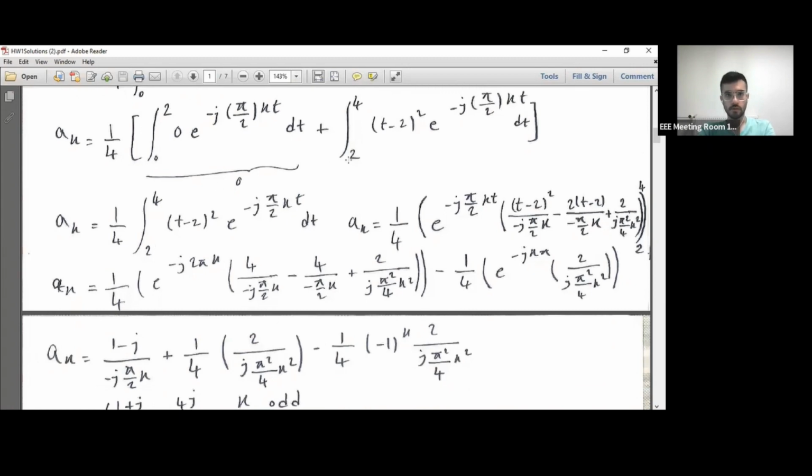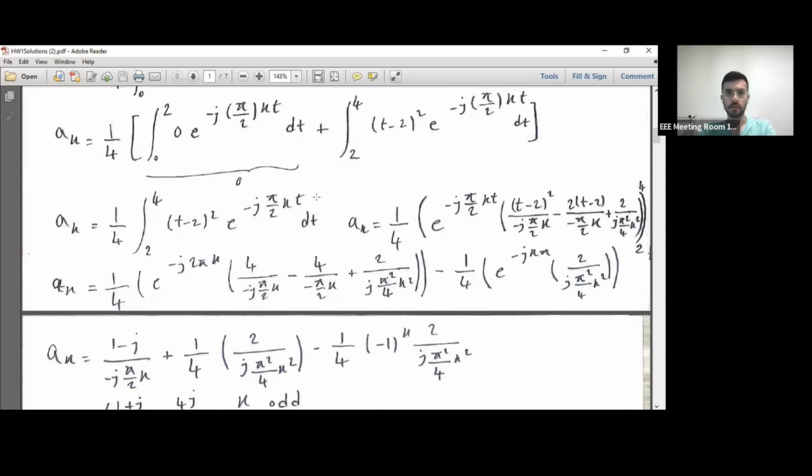So we need to just calculate this one. So you need to take the integral of this function, which includes the multiplication of 2 functions. So you know how to integrate.